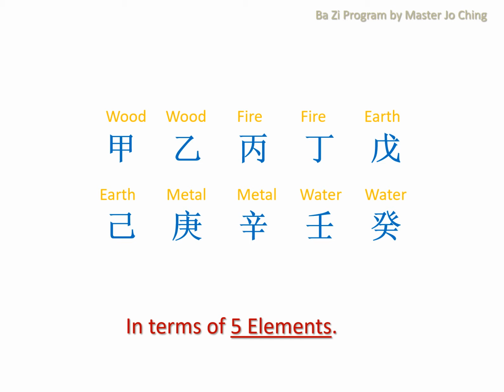Then we have Wu and Ji, both are earth element. The difference between them is just a matter of yang or yin. And we have metal, two metal elements here, Geng and Xin. Two water elements here, Ren and Kui. Ren is yang water, Kui is yin water.